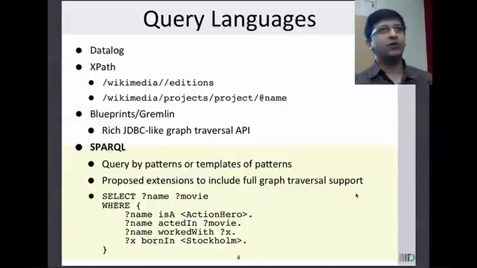Should I normalize only in certain cases, or not normalize it, right? These are the challenges you will find if you try directly translating these graph-like queries into a relational setting.